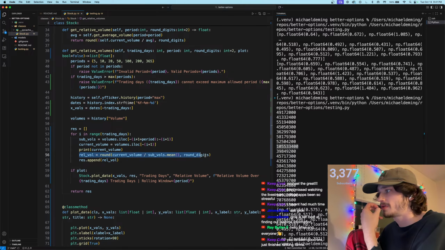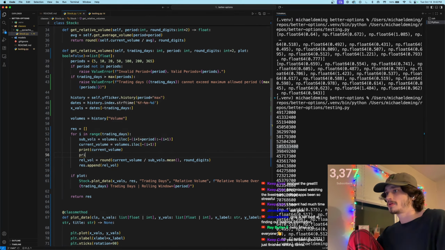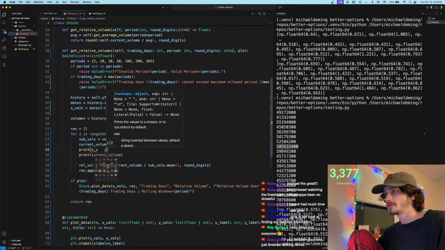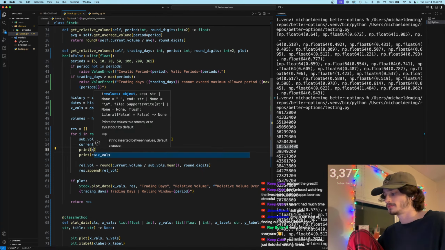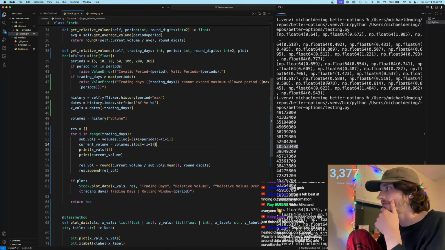This is print relative volume, print current volume. We're going to print the x values, the index of i, and the current volume.